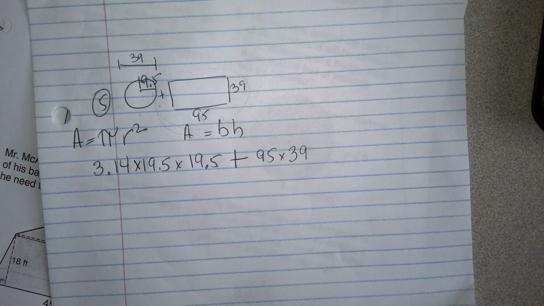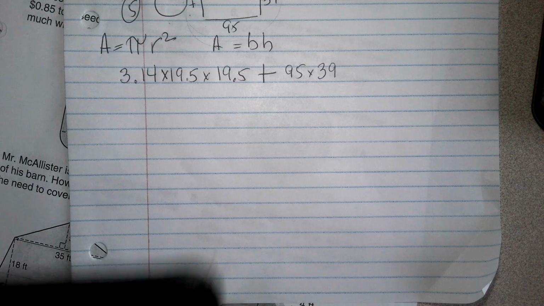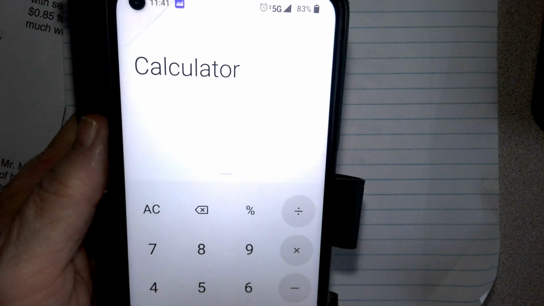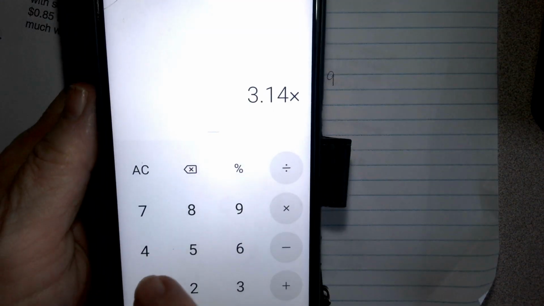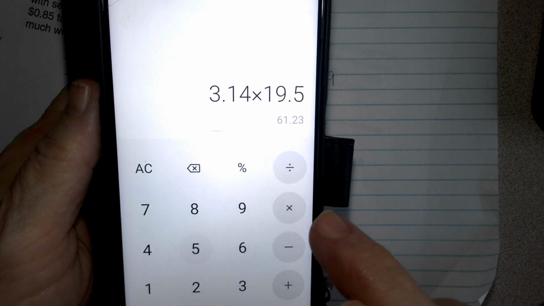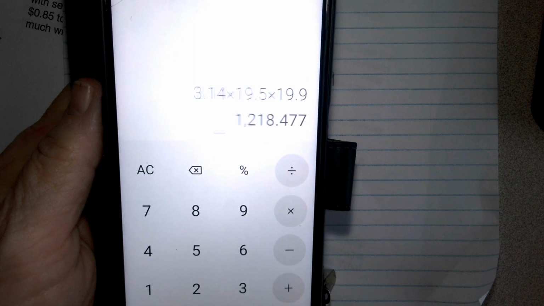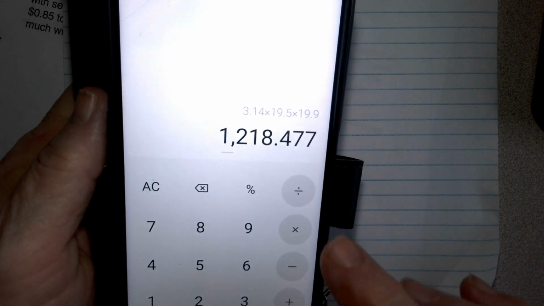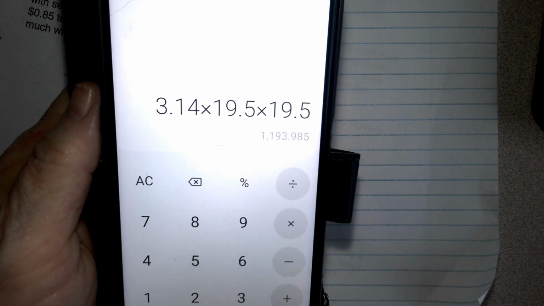Okay, and we're actually not done. So we're gonna cheat a little bit and do this one on the calculator. So this is going to be 3.14 times what? Times 19.5 times another 19.5 equals. Okay, let me go back then. Okay, I put 19.5. Is that better? Okay. All right.